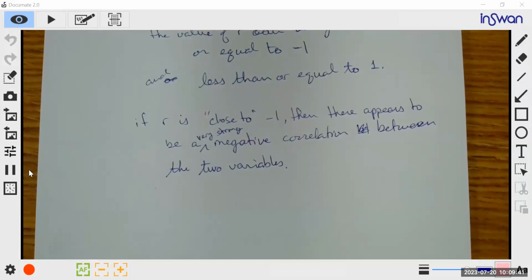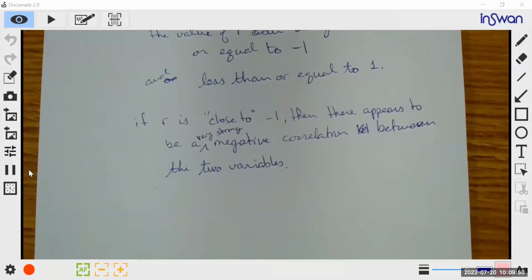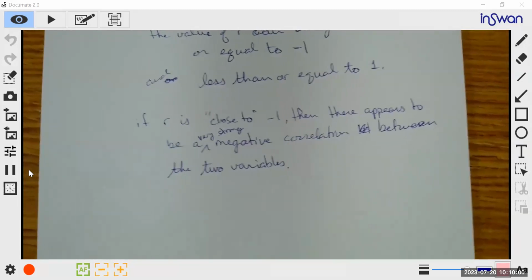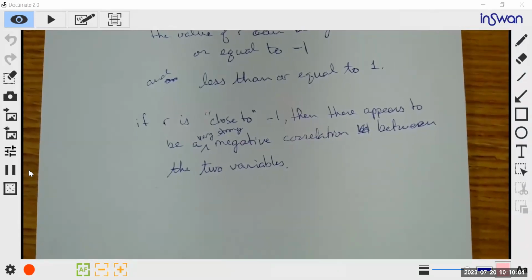Because the closer you get to -1 and +1, the relationship is very strong. And the further it goes from -1 and 1, it becomes somewhat strong, weak, and none. So there are all these gradients. Again, this is the subjective part.